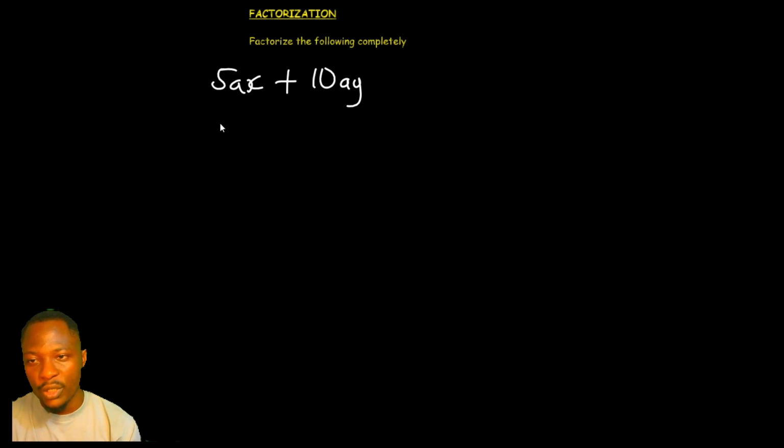Now, always to solve questions related to factorization, one thing you must know is that whether the terms, so here we have two terms, this is the first term and the second term. Whether the terms are 2, 3, or no matter the number of terms, you must know how to find the highest common factor, the GCF or the HCF.